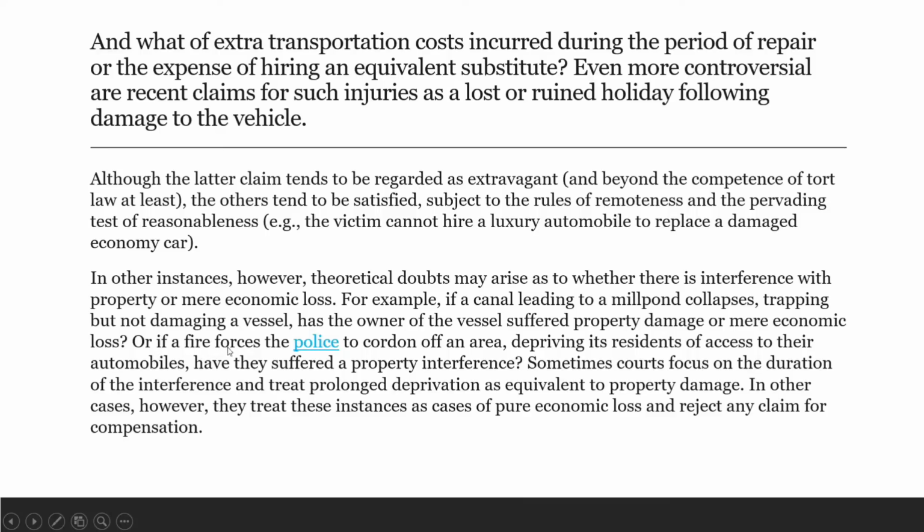Or if a fire forces the police to cordon off an area, depriving its residents of access to their automobiles, have they suffered a property interference? Sometimes courts focus on the duration of the interference and treat prolonged deprivation as equivalent to property damage. In other cases, however, they treat these instances as cases of pure economic loss and reject the claim for compensation.